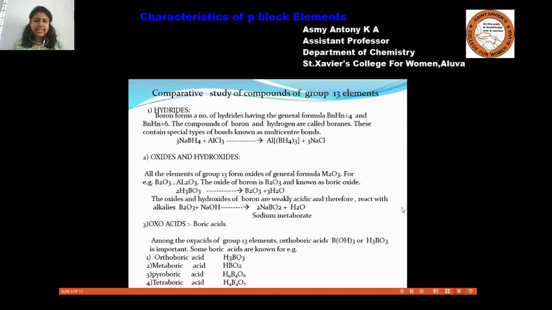H3BO3 is boric acid. From that we get B2O3. The oxides and hydroxides of boron are weakly acidic and therefore react with alkalis. An example is when B2O3 reacts with sodium hydroxide, we form sodium metaborate.